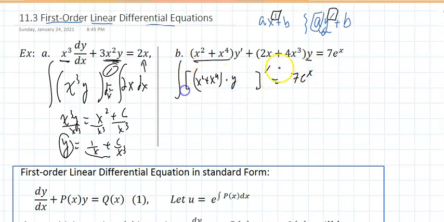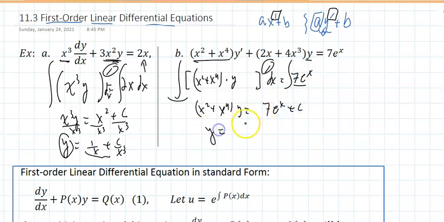So if I integrate with respect to x, that would be undoing the derivative. This and that will cancel out. That will be x squared plus y plus x to the fourth times y will equal 7e to the x plus c, and y would equal 7e to the x over x to the fourth plus x squared plus c over x squared plus x to the fourth.